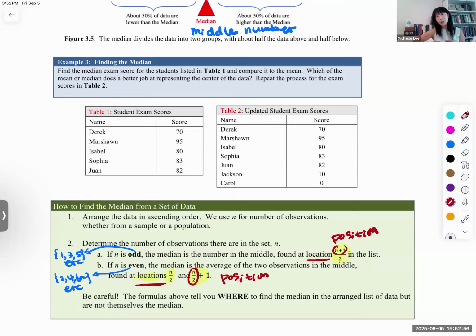So let me show you how to do it by hand, and then I'm going to show you how to use the second.